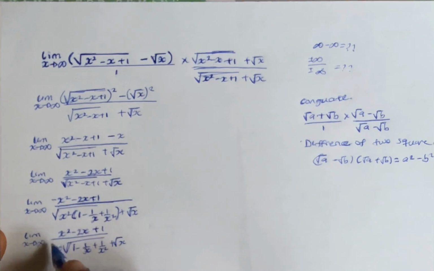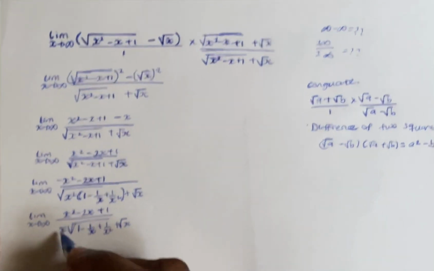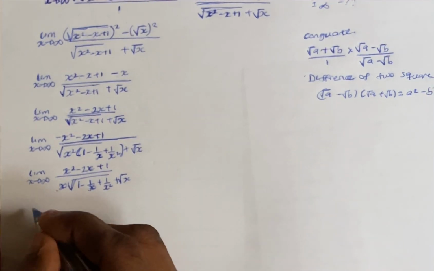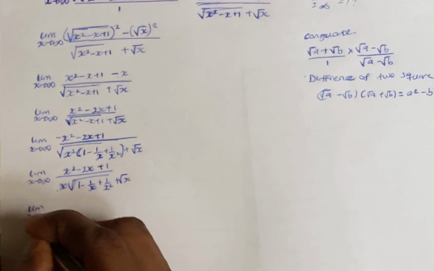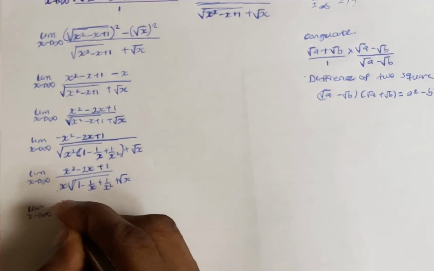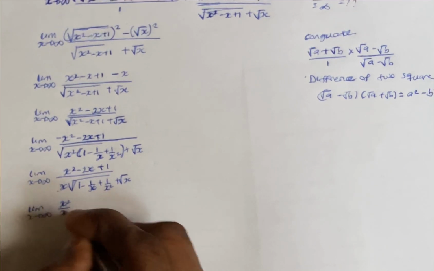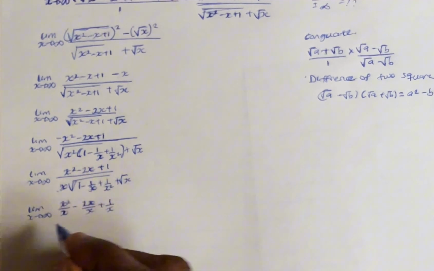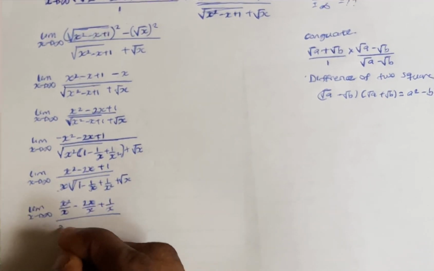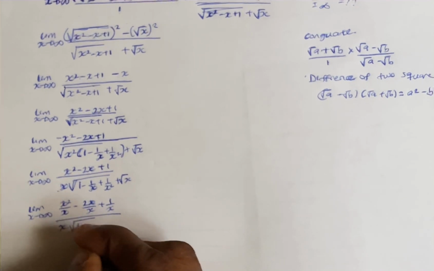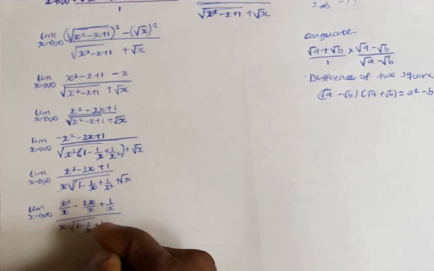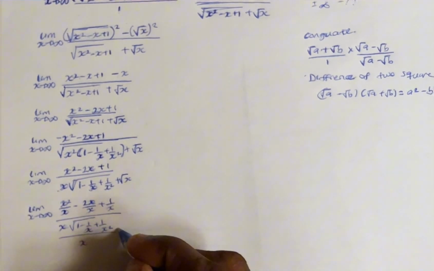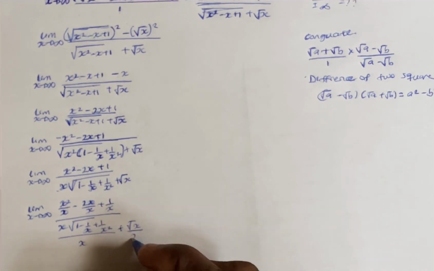Now if we want to go on, we can divide everything through by x. So when we divide everything through by x, we have limit as x approaches infinity, x squared divided by x minus 2x divided by x plus 1 divided by x, over, since x works for this one, x root of 1 minus 1 over x plus 1 over x squared, everything here divided by x, plus root x divided by x.